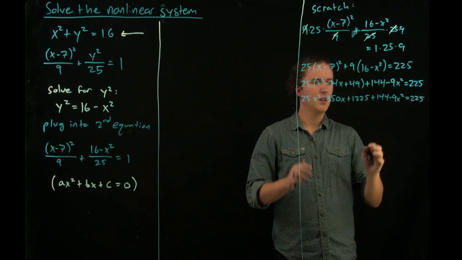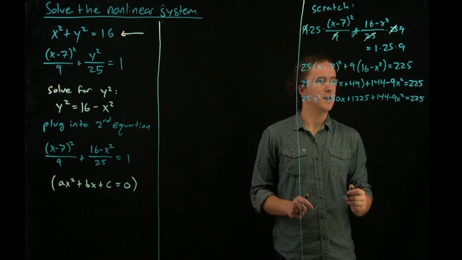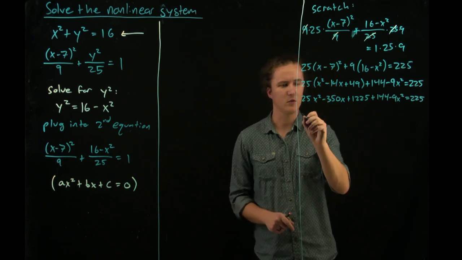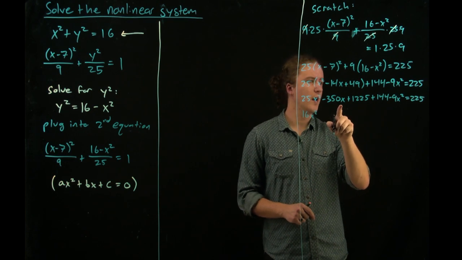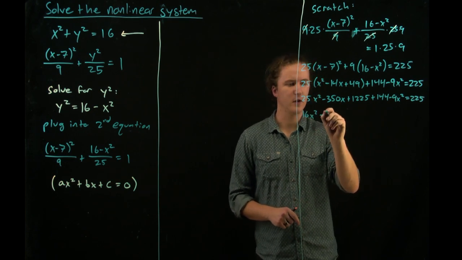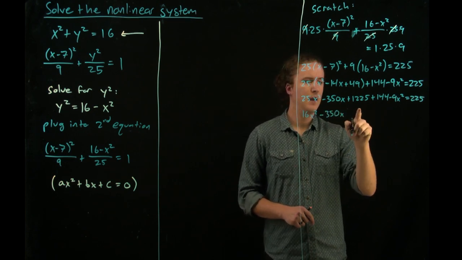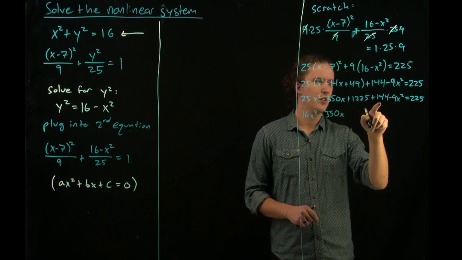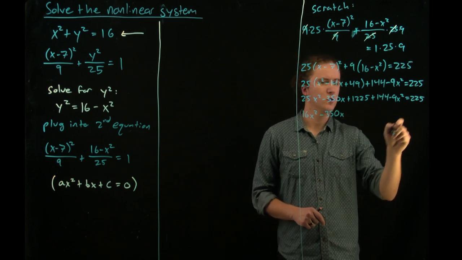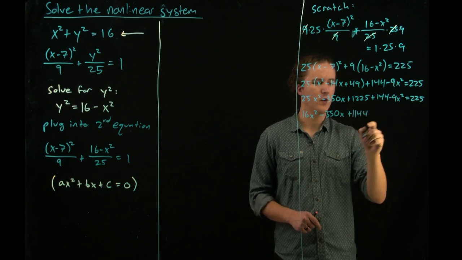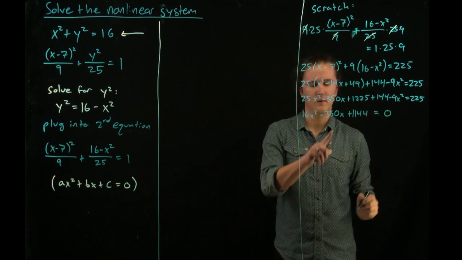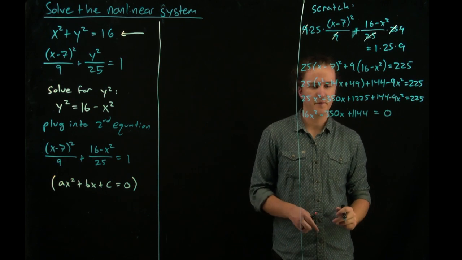And this is getting much closer to the form we're used to seeing. If I combine these like terms, I get 16x squared. There's no x term other than this negative 350x. And then 1225 plus 144 minus 225 is 1144. And at this point, it's now equal to 0.